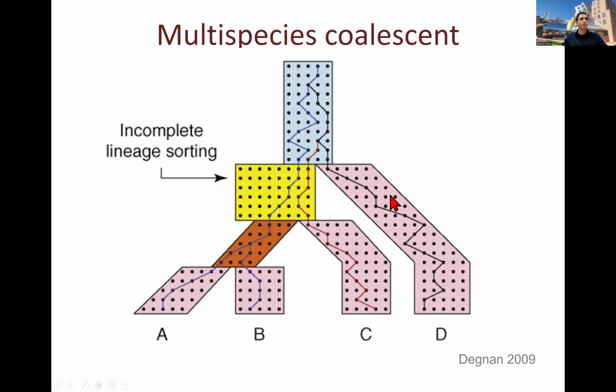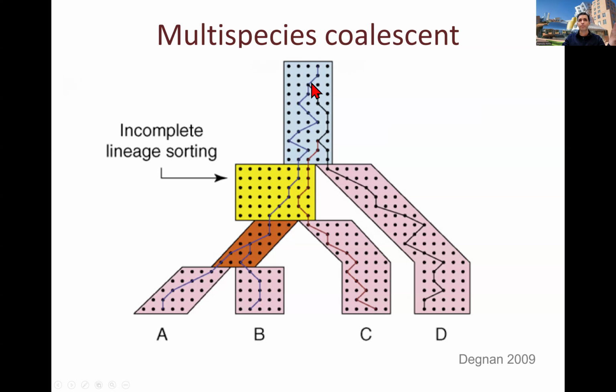This is an example that, if you look backwards in evolution, is known as deep coalescence. In other words, these 2 lineages, the AB lineage and the C lineage, don't coalesce until after the D lineage. So here you have regular coalescence, and here you have deep coalescence.